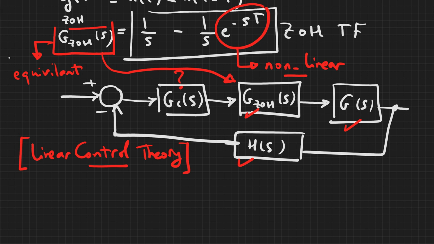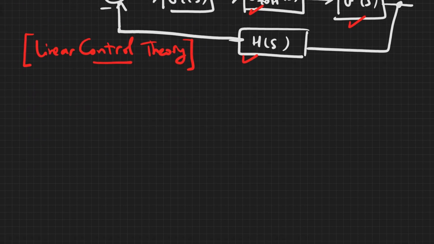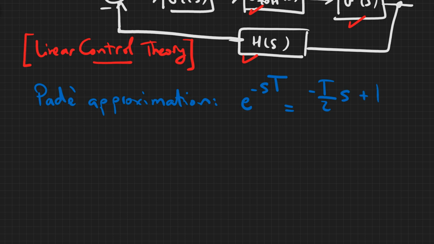This becomes the next important task, and this is where the Padé approximation is quite useful. What is the Padé approximation? It's as simple as that. It says you can replace e to the minus sT with minus T over 2 times s plus 1 over T over 2 times s plus 1.